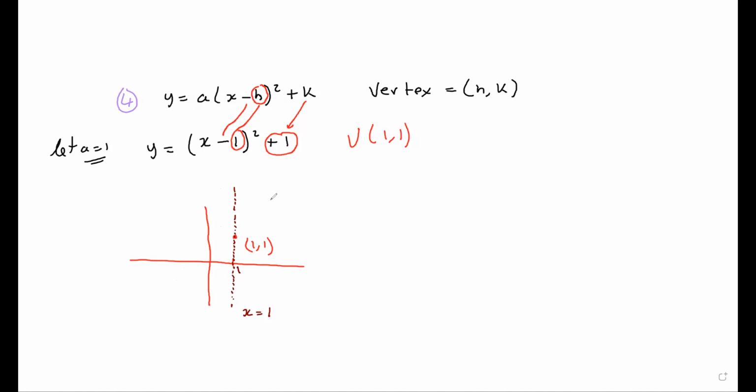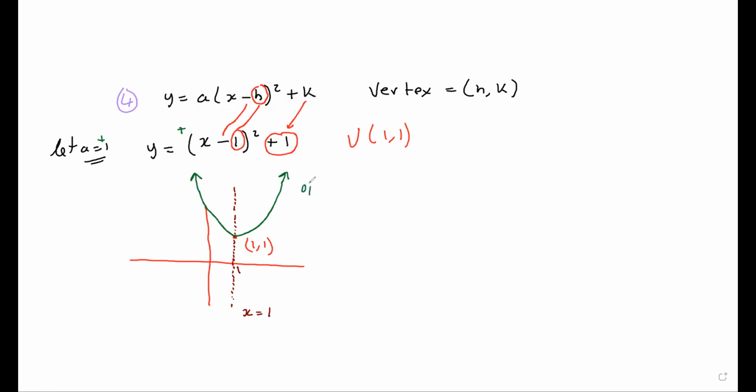Your vertex is here. Your graph, with A positive because A equals 1, will open upwards. I don't know where the intercepts are, so let's just draw it like that. That's good enough, isn't it? So your vertex is 1, 1.